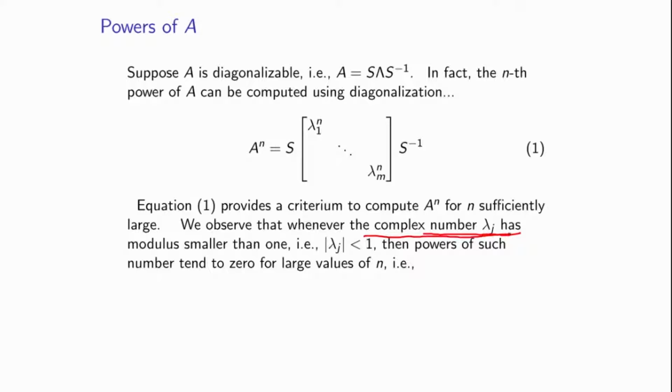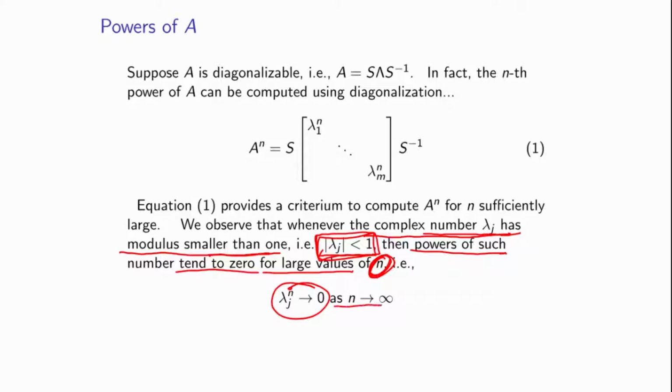If the complex number lambda j has modulus smaller than 1, in other words, if the absolute value of lambda j, again, this is absolute value for complex numbers, is less than 1, then the powers of lambda j are going to go to 0 when n gets larger and larger. Okay, this is very important. So this is telling us that when the modulus is less than 1, then lambda j to the n goes to 0 when n becomes sufficiently large.